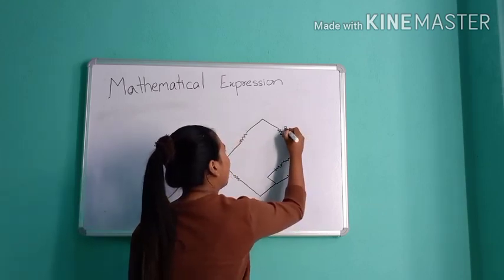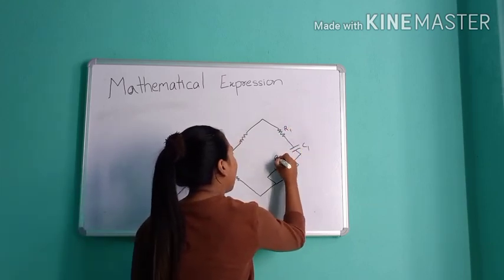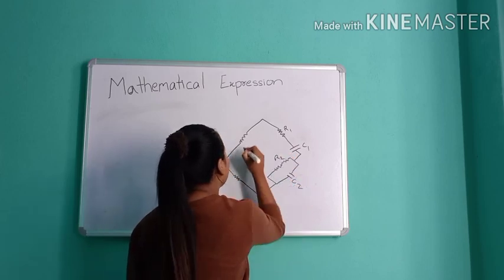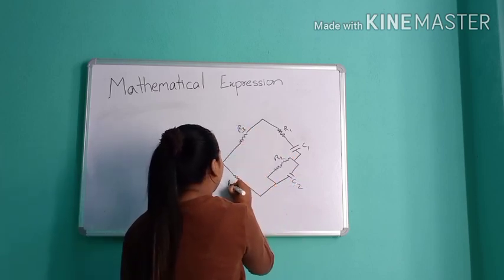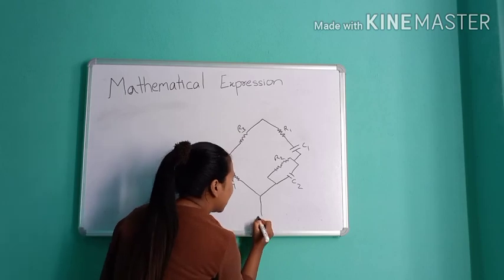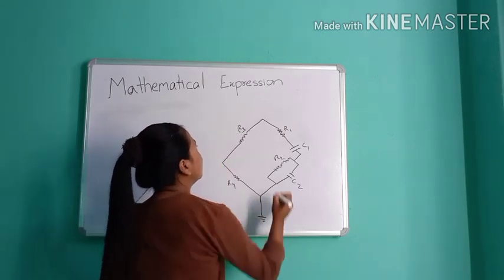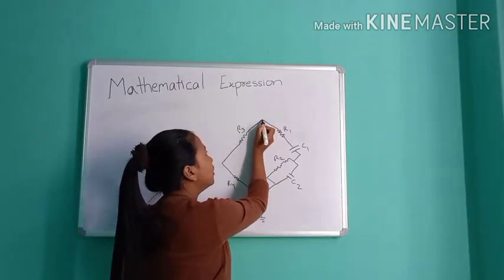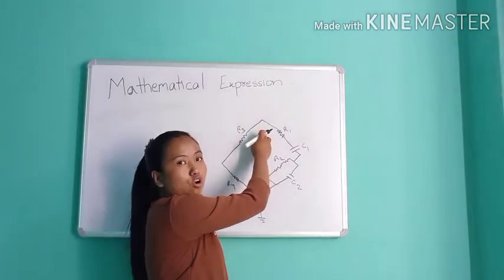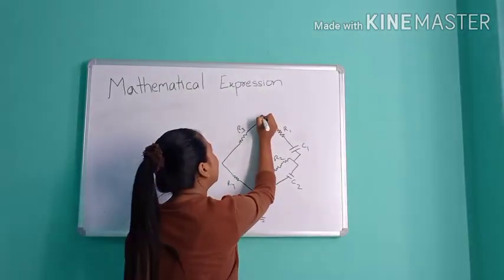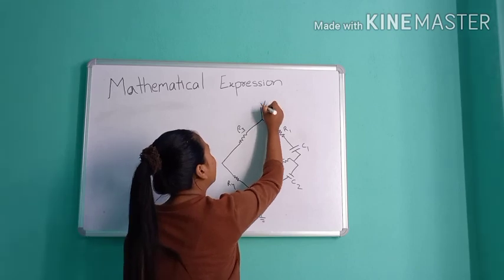This is R1, C1, R2, C2, R3, R4 and this is grounded. As this point is connected to output terminal, so it will be V0.